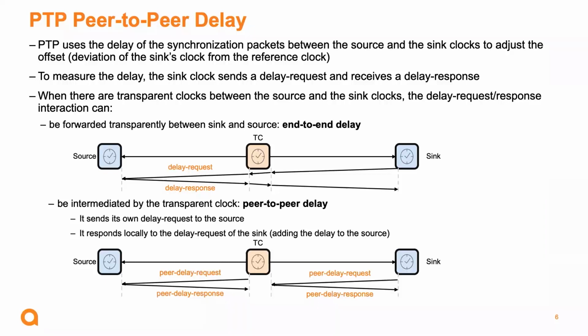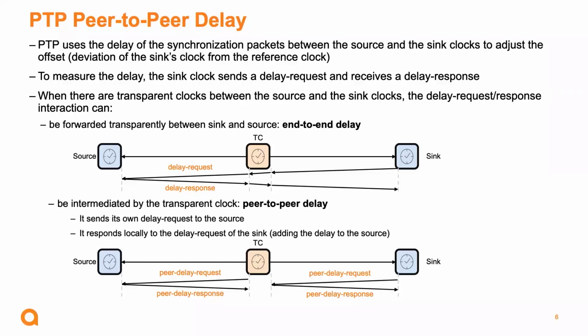So in this case, we have several steps of delay requests. And of course, you see that here, the names are slightly different. In the second case, we call it peer delay and peer delay response. That is because the message code is different from one or the other, so the transparent clock knows how to handle them.